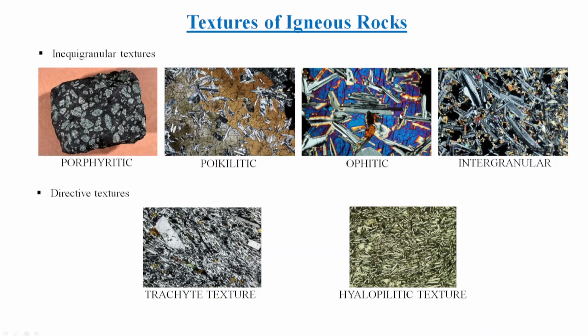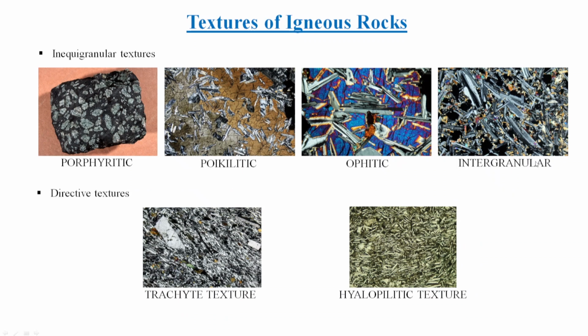Then you also have intergranular texture, again based on mainly 2 classes of grain size, where your plagioclase laths or plagioclase grains form triangular or subtriangular structures like this.